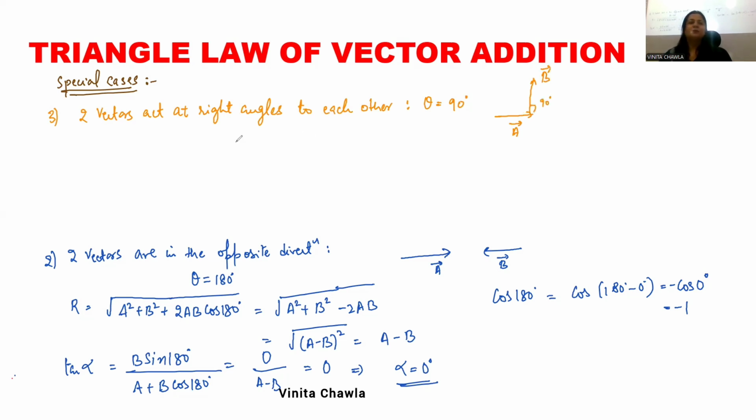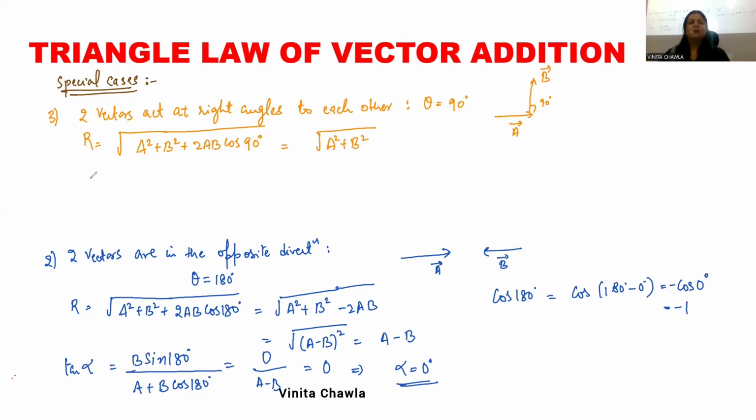They're perpendicular. So we can write R as square root of A square plus B square plus 2AB cos 90 degrees. Cos 90 degrees is 0, so we get square root of A square plus B square.